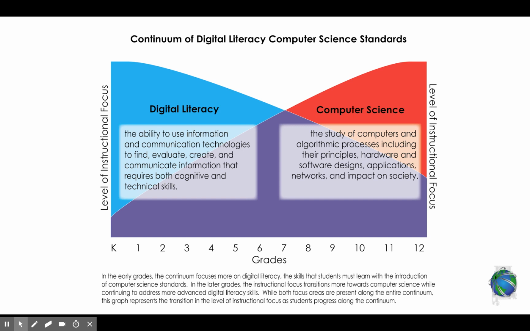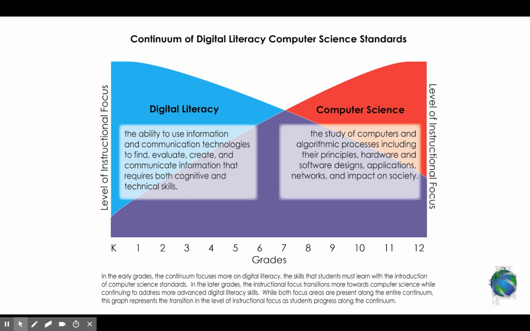As the student progresses through the grades, digital literacy doesn't become less important, but there's less focus on it as the focus on computer science does increase. So as you can see, across all grade levels, both digital literacy and computer science are a part of the focus. There's just a change in the degrees.